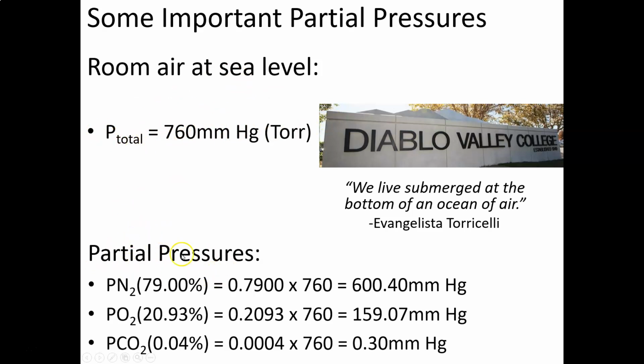So to figure out the partial pressures, we need to know what the percentages are. So the partial pressure of nitrogen, capital P, capital N2, is about 79%. It's sort of a misnomer. The actual percentage of true nitrogen is 78% on Earth. Nitrogen is considered an inert gas. Inert means that it has no biological activity, which is, again, a misnomer.